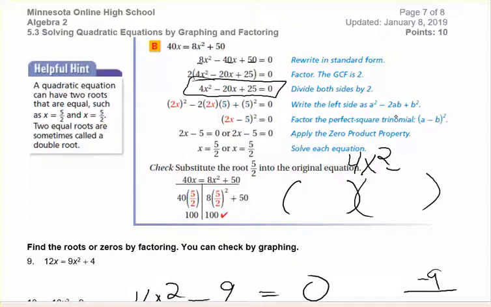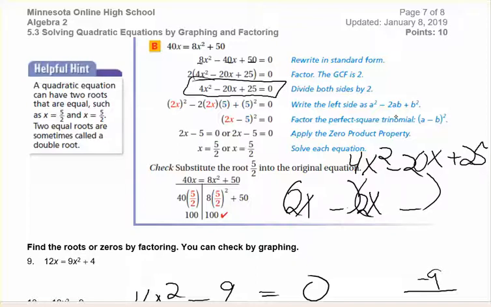Now, you can just put your two sets of parentheses and do trial and error. Because there's a number in front of the x squared term, it's going to be a little trickier. But you could say, I know it's going to be something x times something x, and it has to equal 4x squared. So I could try 4x times 1x, or I could try 2x and 2x. And then you have to plug in something times something for the last term that'll equal 25. Well, I'm going to try 5 and 5.